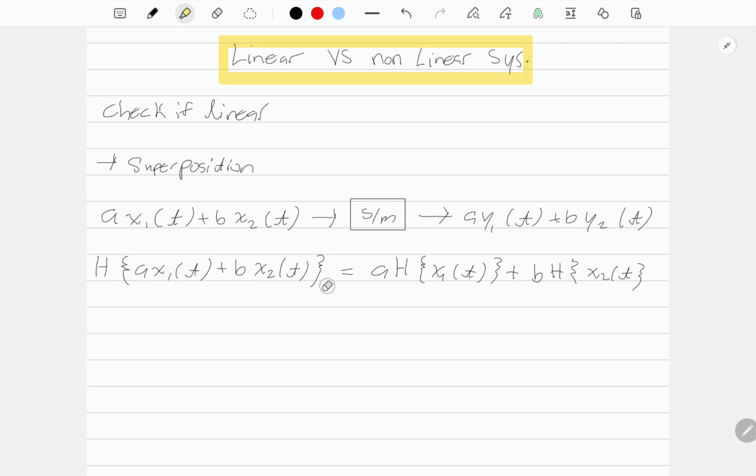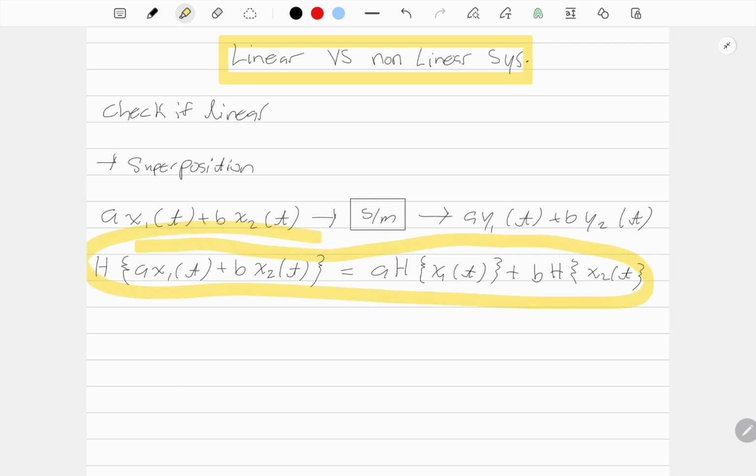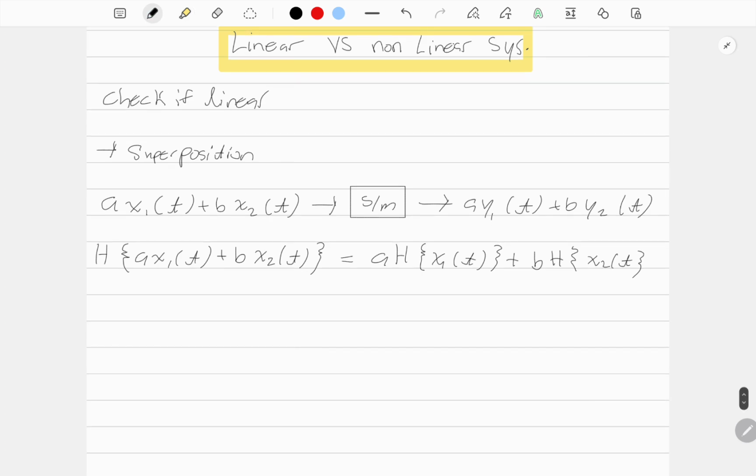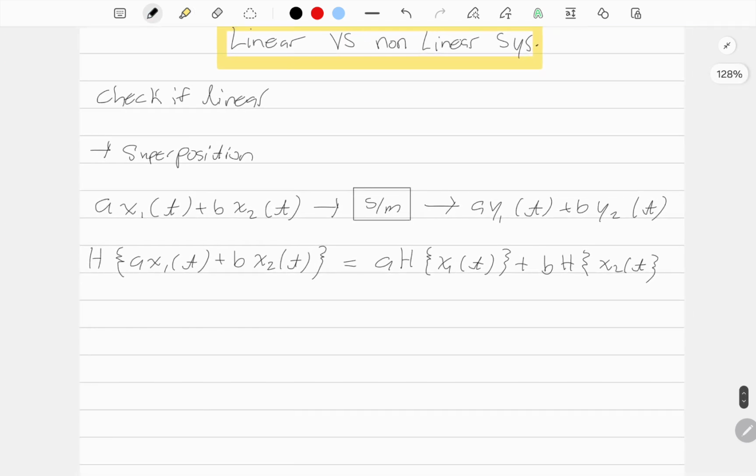So that represents you applying the system once on the left hand side, and on the right hand side you kind of apply the system twice to two separate terms, once here and once here, because there's two squiggly brackets. And if they're equal, then the system is linear. This will be much better to explain with an example, so I'll put this on the side.